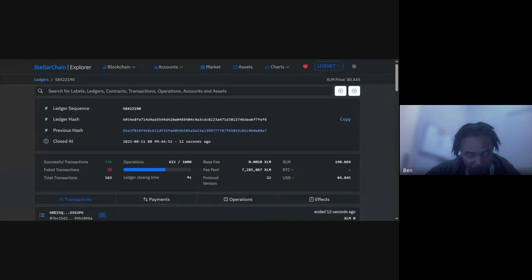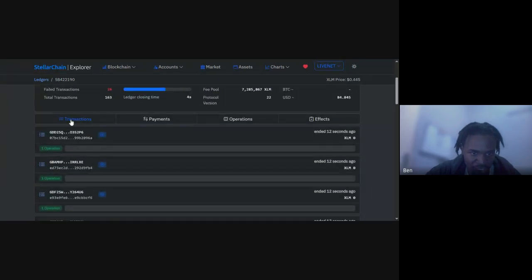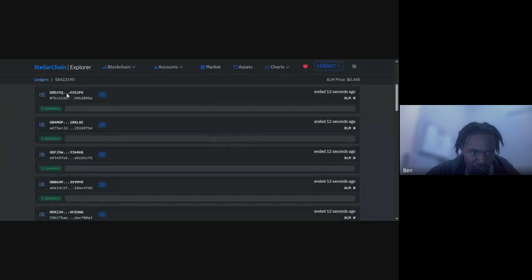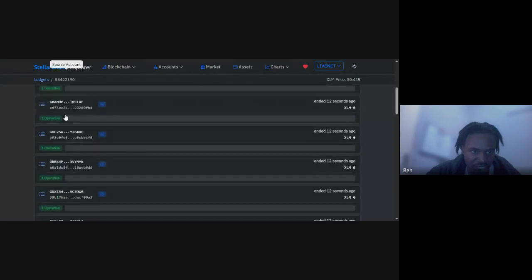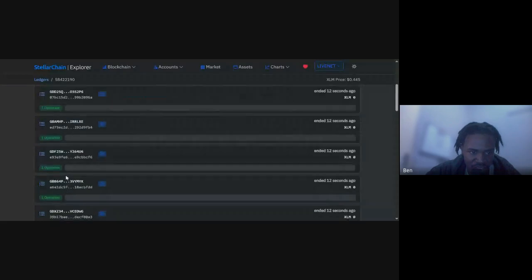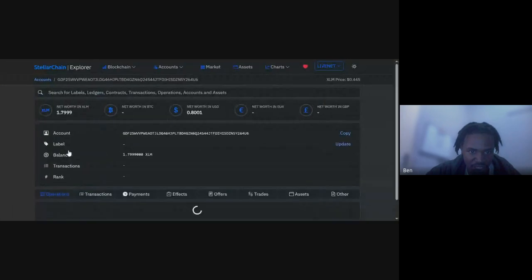And as we learned before, we have the ledger hash, the previous hash, and the transactions. You can see all the transactions, and you can even click on a transaction and see the account that invoked that transaction, and you can also see the balance in this account.